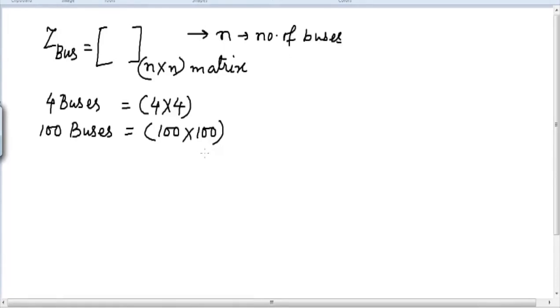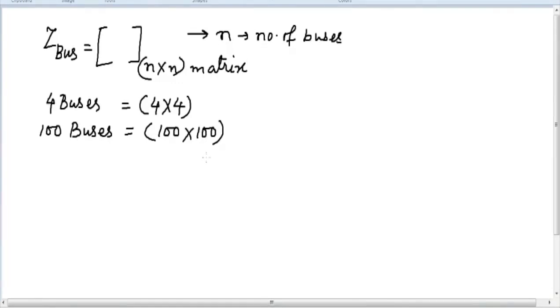After getting the value of this Z bus, only then will we be in a position to apply the various formulas related to the calculation of the fault current, the voltages in the faulty buses or the voltages in the healthy buses. So all these formulas will be applied and then we can find out the answers.